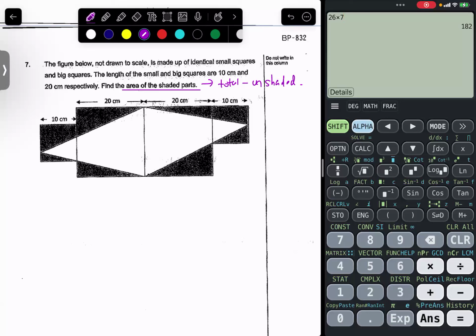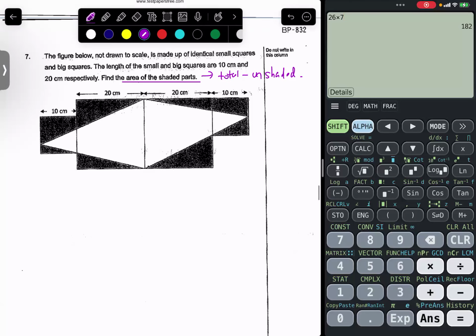Okay, now over here, to find the area of the shaded, you see that the shaded part has so many parts and is so complicated, right? Some of them are not even triangles. But if you put your focus onto this shape, this is a big triangle. So if this is the base of the triangle, the height of the triangle will be this.